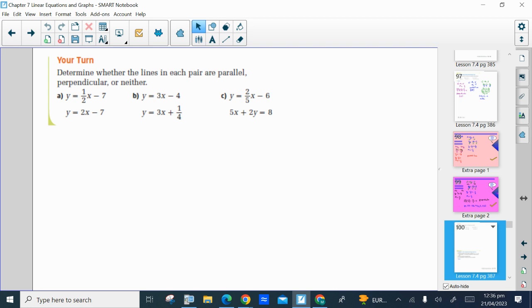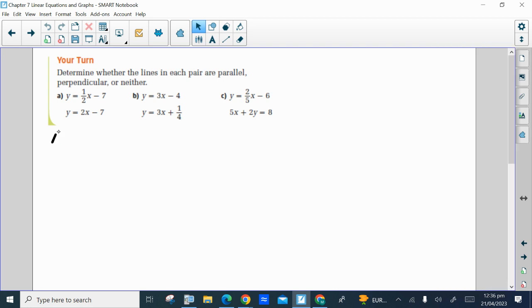Looking at that first question, we want to say whether the lines are parallel, perpendicular, or neither. Do we know the slopes of those two lines? Are those the same? So are they parallel? No. Are they negative reciprocals?